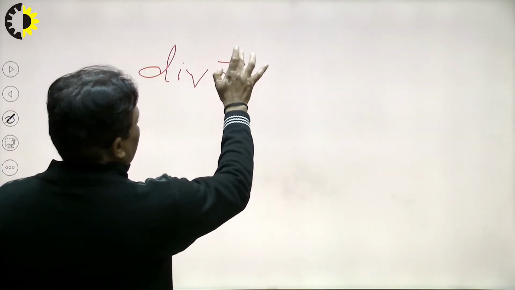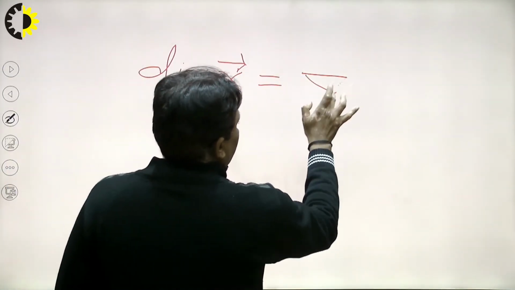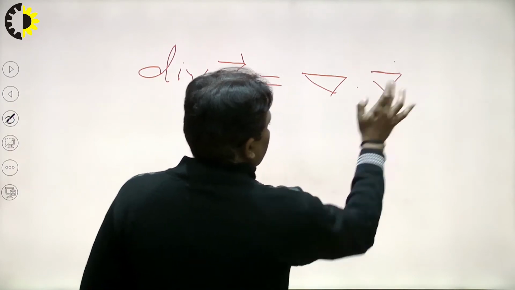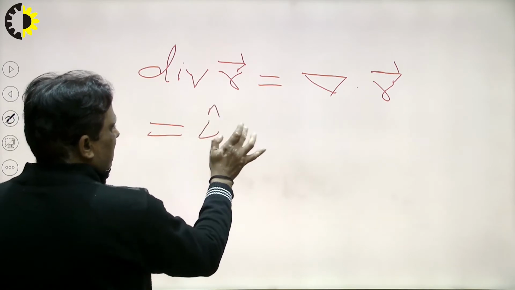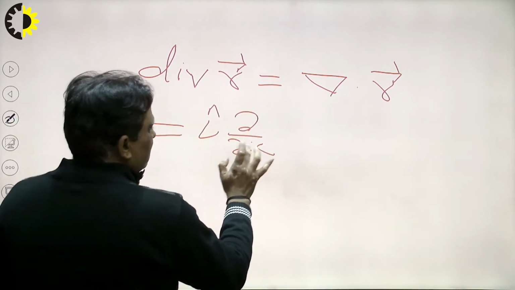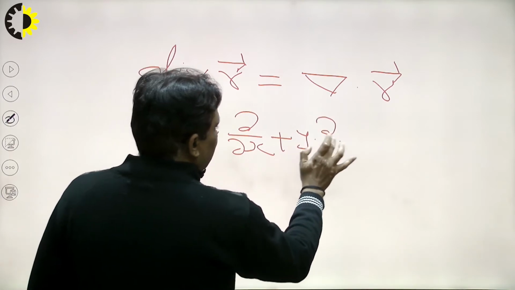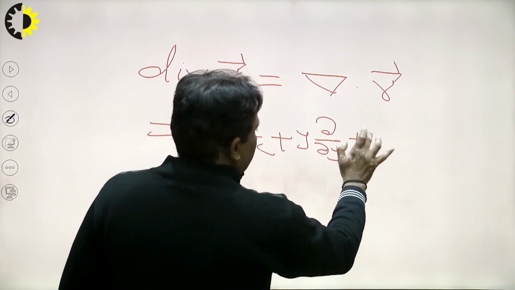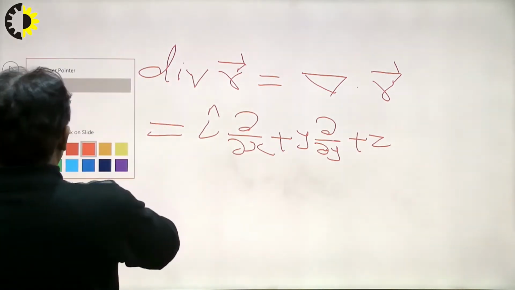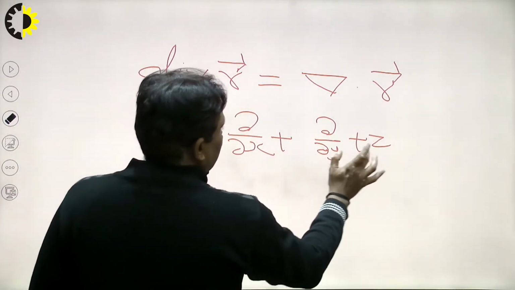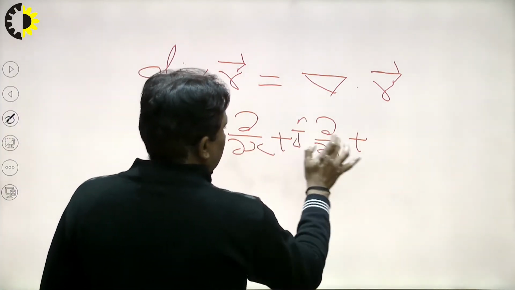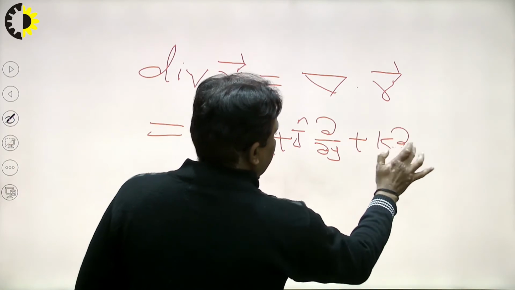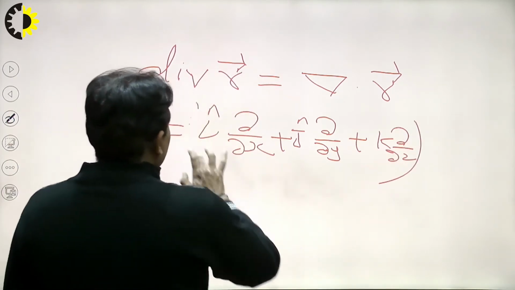divergence r, divergence of vector r. That means del dot r. How to calculate here? We see the value of del over del x i, plus j del over del y, plus k cap del over del z, and dot vector r.